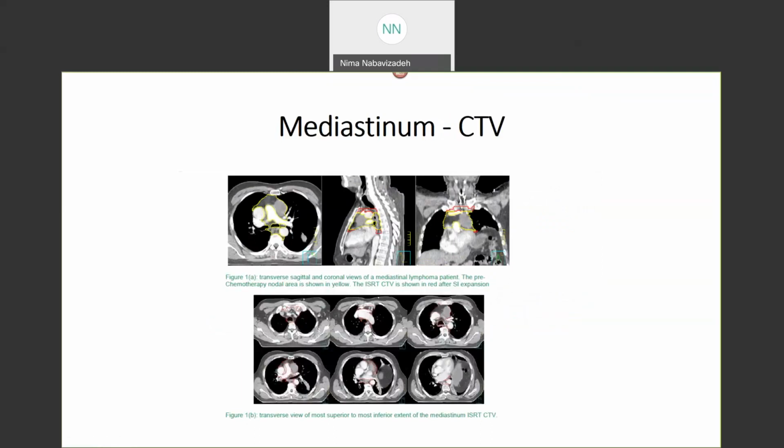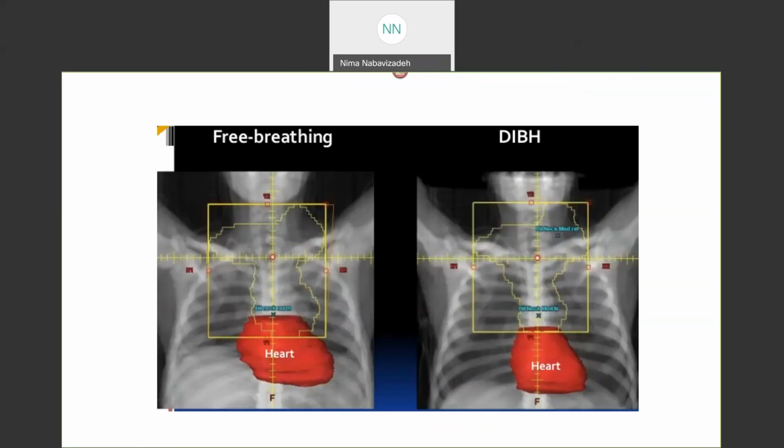And here's a patient with a mediastinal tumor. This is a diagram showing the benefit of a deep inspiration breath hold for patients who are treating mediastinal lymphomas. Cardiotoxicity is a major issue with any type of thoracic radiation.